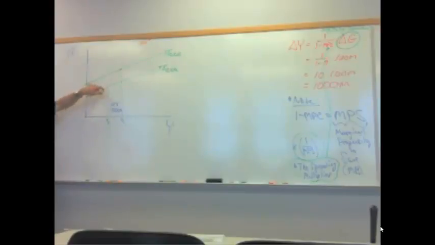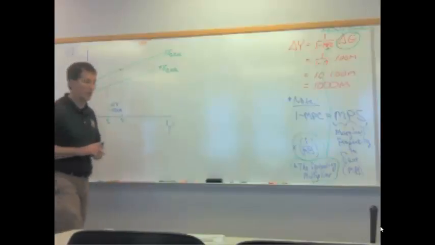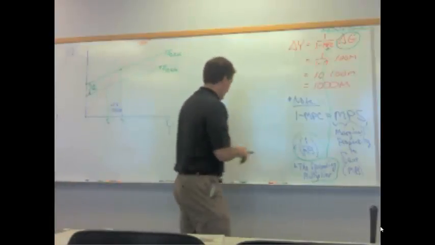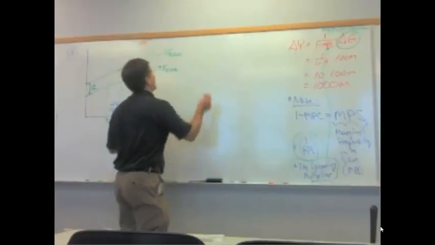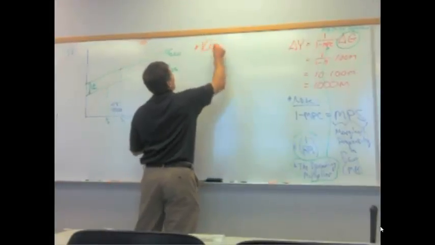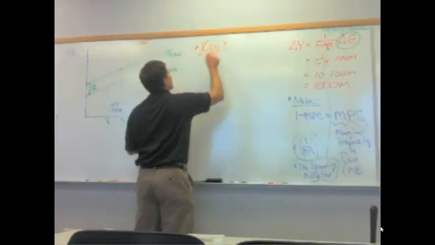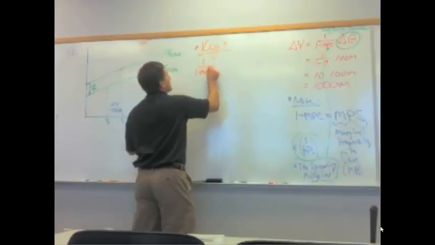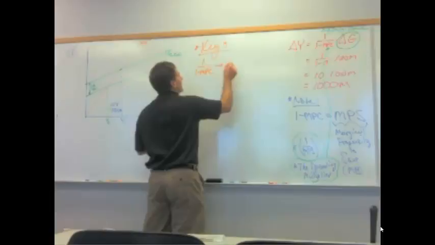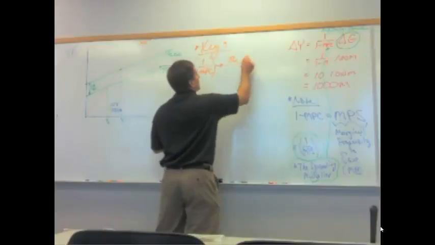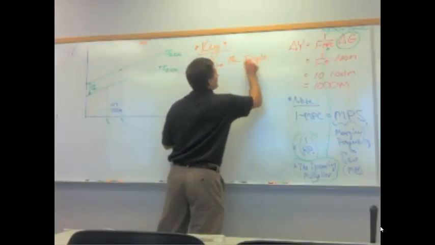So $100 million worth of weapons led to a $1 billion increase in spending. That is called the simple multiplier. Key point: 1 over 1 minus the MPC is the simple multiplier.